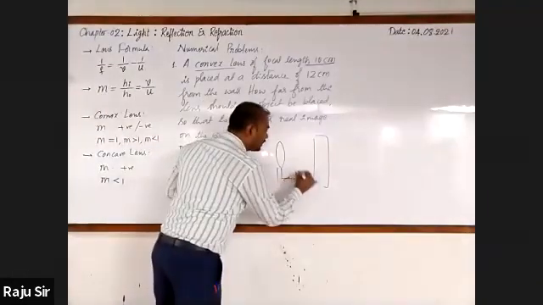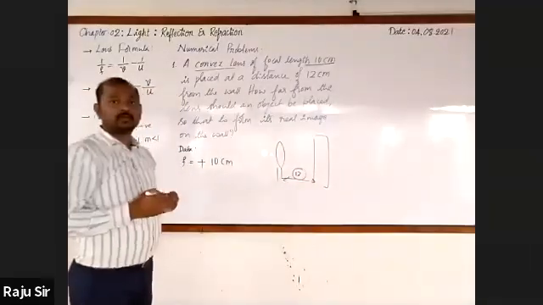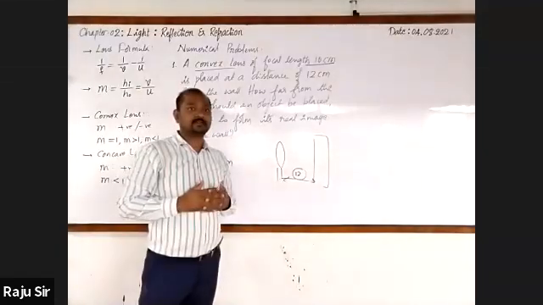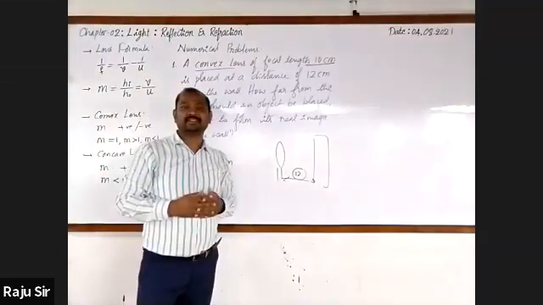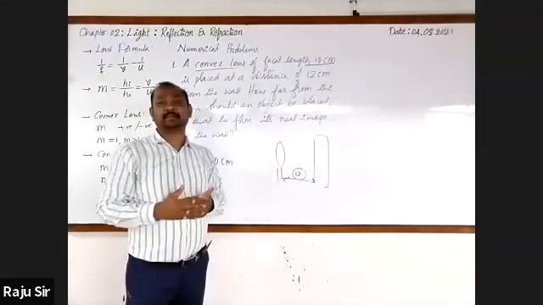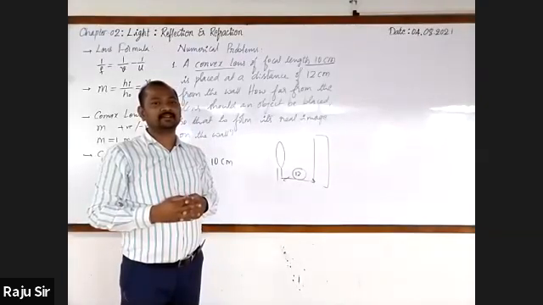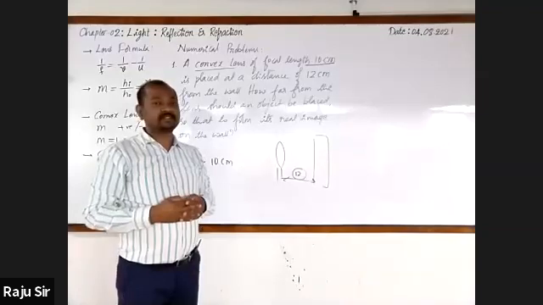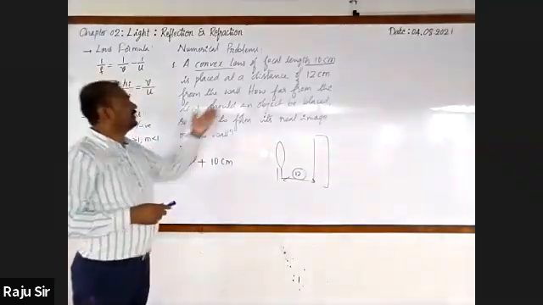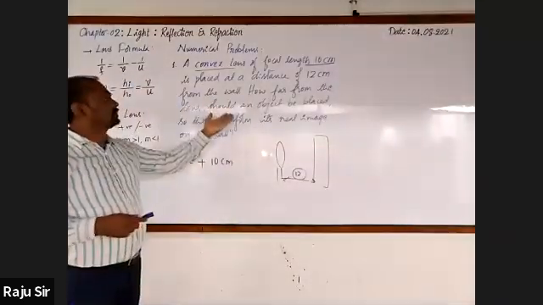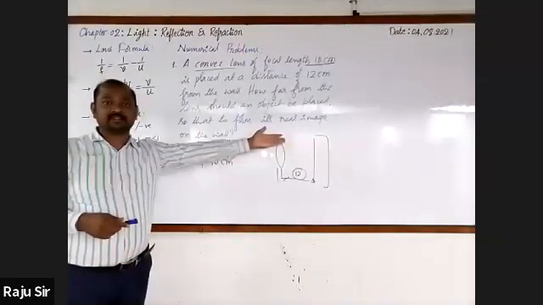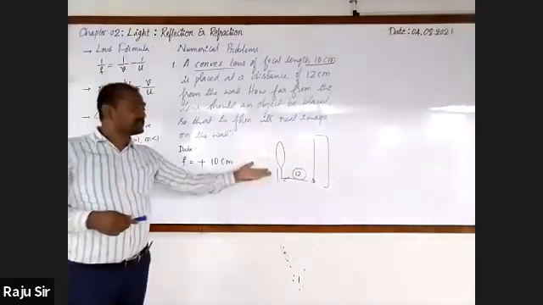Then what does it represent? Object distance, image distance, or focal length? The question asks how far from the lens should an object be placed. It is image distance.